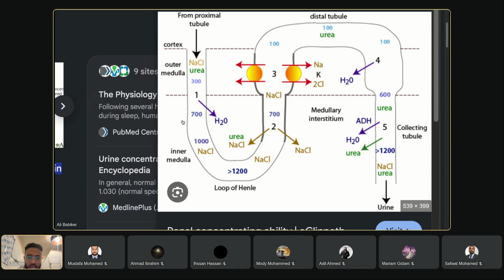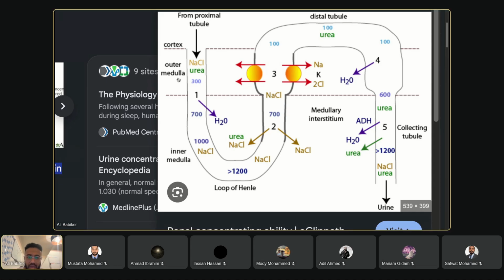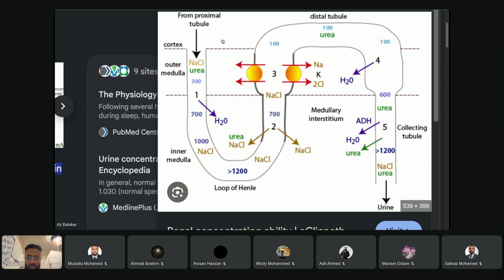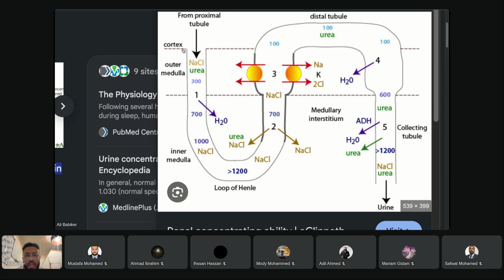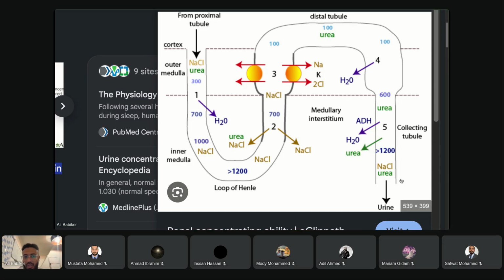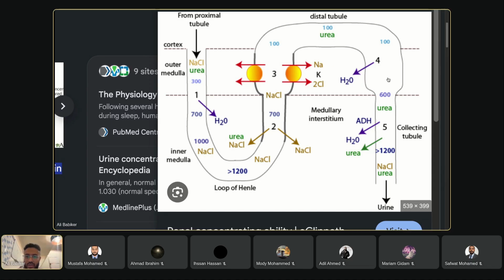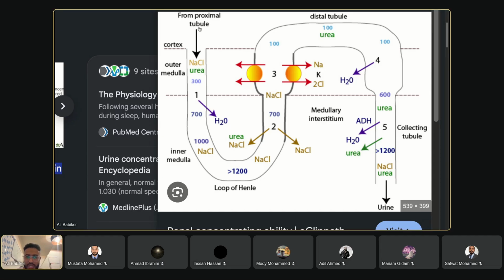However, I want you to know now, the medulla is responsible for epinephrine, the catecholamines production, and the cortex is responsible for cortisol, aldosterone, and sex hormones. The medulla has most of the loop of Henle and has collecting tubules. The outer medulla has the proximal and distal convoluted tubules. The glomerulus, obviously, is here in the cortex.